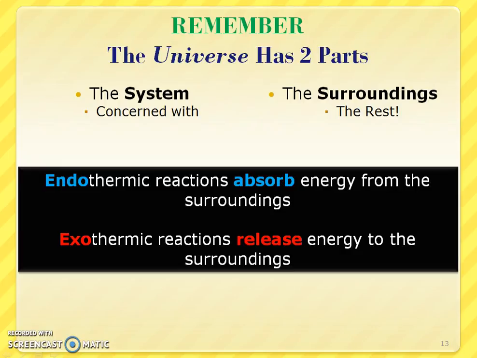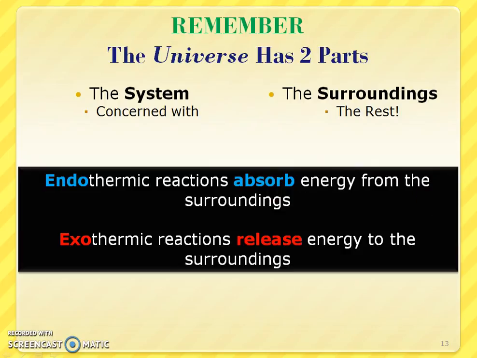So we want to remember that the universe has two parts. The system is what we're actually interested in, concerned with, and the surroundings is everything else. So an endothermic reaction or endothermic process absorbs energy from the surroundings. Think about those ice packs.